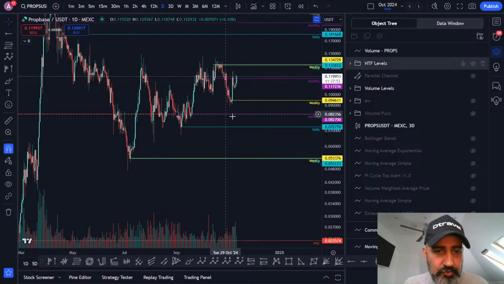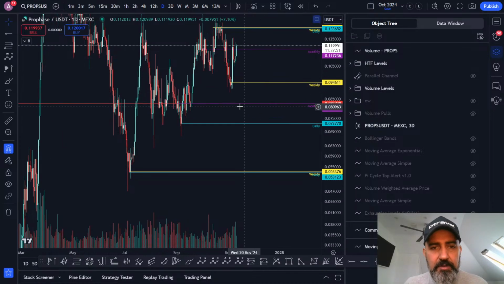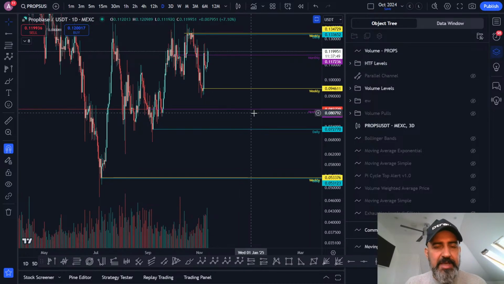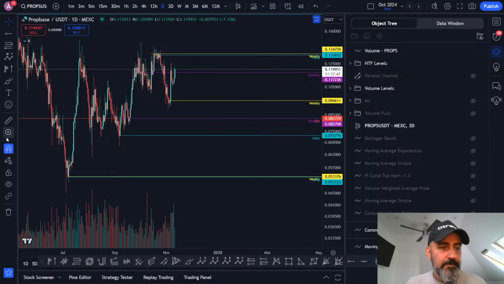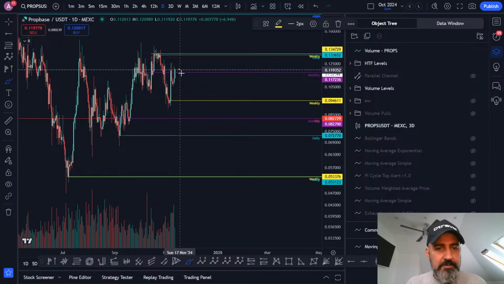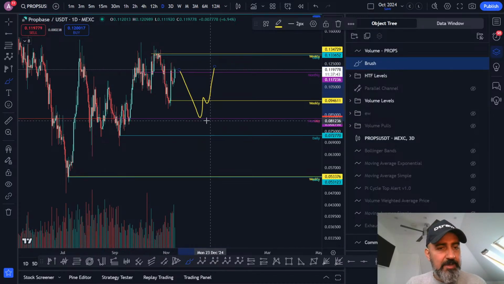I mean, there's quite strong support here, huh? Down here. If we get one more pullback, can't predict it, but if you get a pullback, that's a really good place to buy.